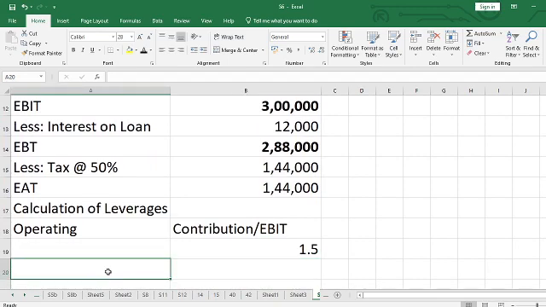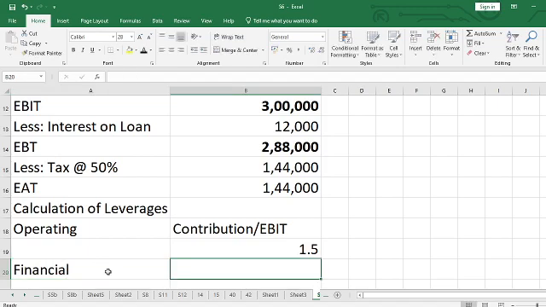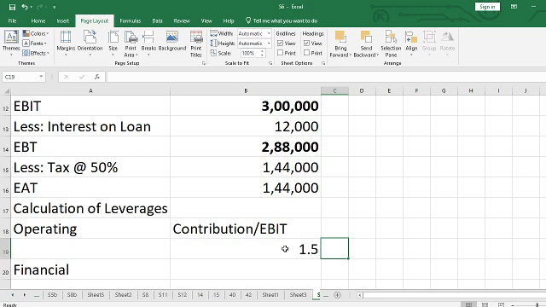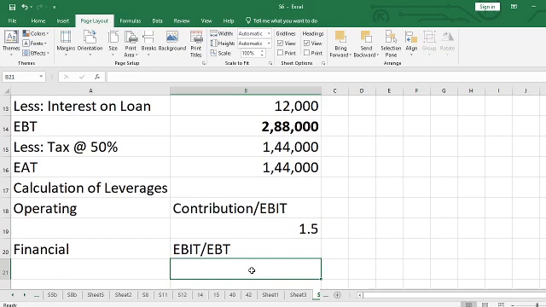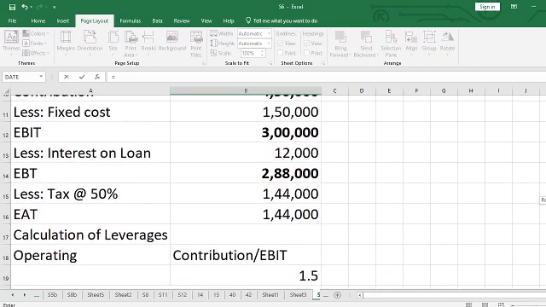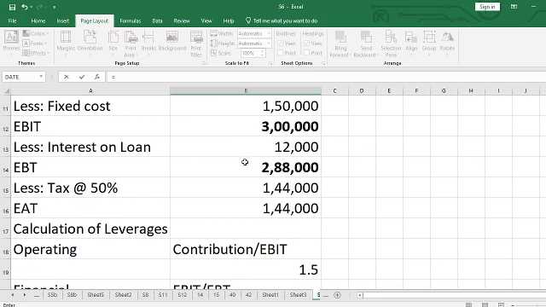Next, financial leverage. Once we have calculated operating leverage, next financial leverage is EBIT upon EBT. So we will take the values, EBIT upon EBT.